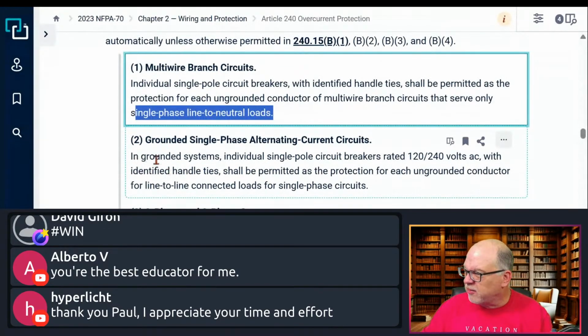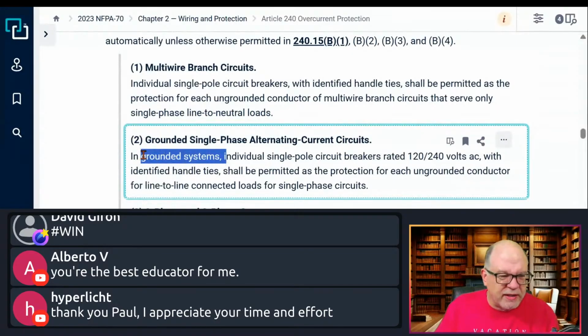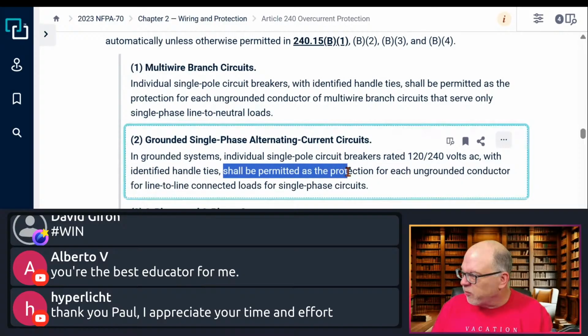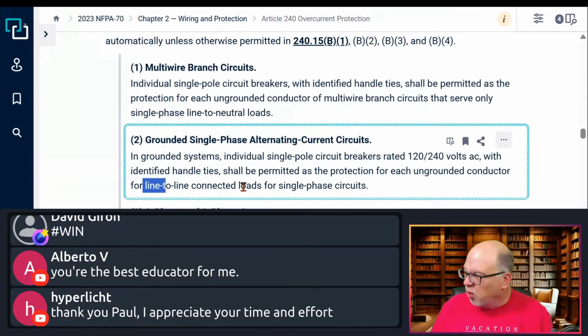In a grounded system, and most of what we deal with in residential and most commercial applications are grounded systems, in single phase it says individual single-pole circuit breakers rated 120/240 volt AC with identified handle ties shall be permitted as the protection for each ungrounded conductor for a line-to-line connected load on single-phase circuits.